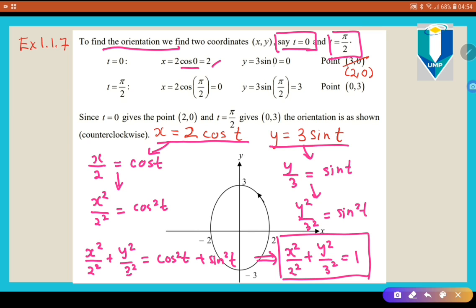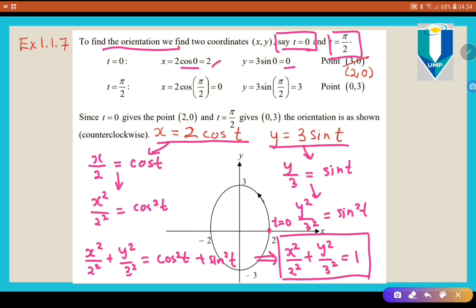And sin 0 is 0, so y equivalent to 0. So the point here is (2, 0). Please correct this in the module. There is a typing error here. So when t is 0, the point is here. This is when t equivalent to 0.